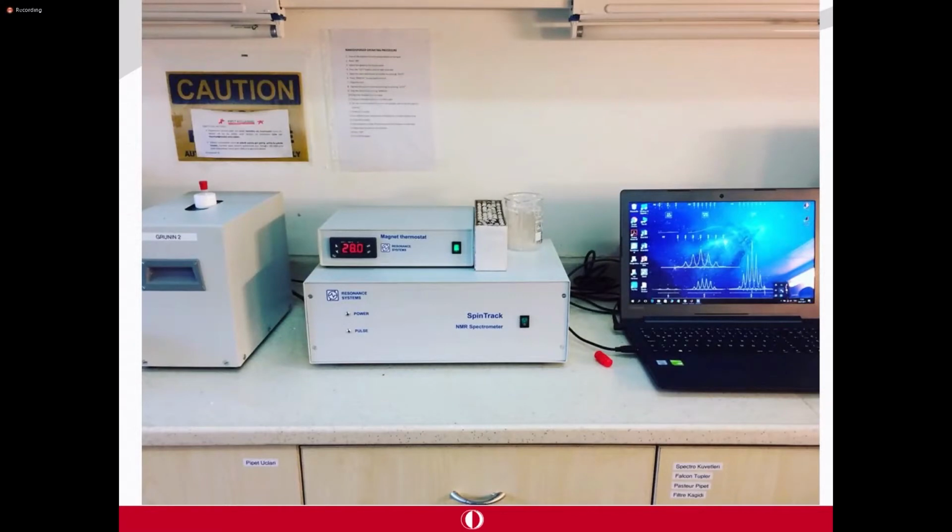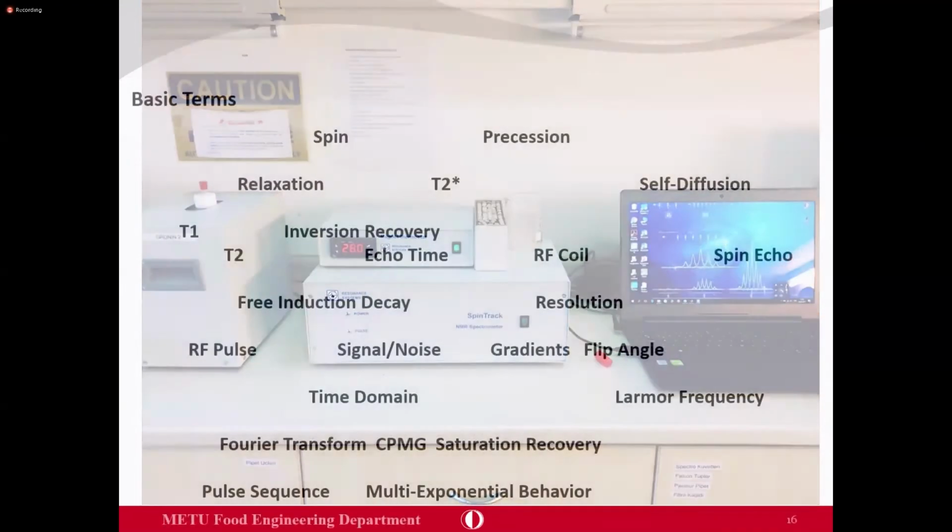Whenever you put your oil sample into this low field NMR tube, it will not tell you which fatty acids are present. But on the other hand, if you put it into the high resolution system, it can tell you which fatty acids are present in that oil. This one will not be able to give you that unique information, but it will give you some other information based on the measured parameters.